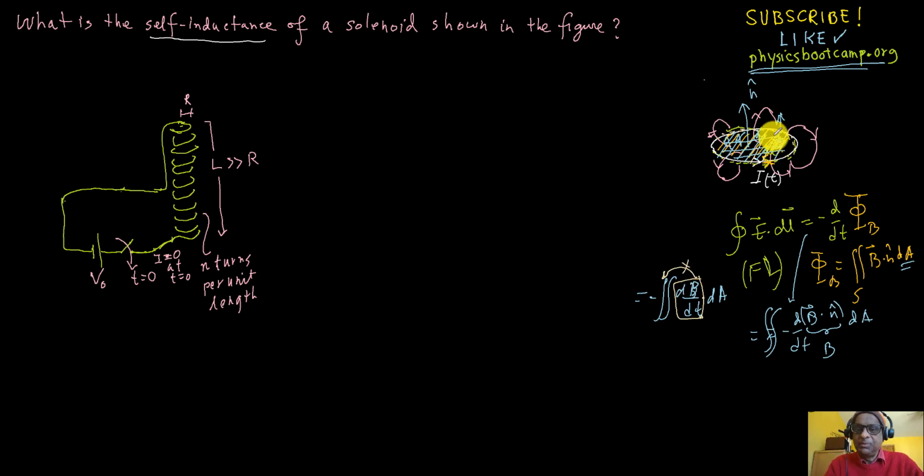So dB/dt over here is different than over here, and so on. It can't come out of the integral, so this is the integral I have to do. This negative sign gives you the EMF, so this is minus EMF induced.